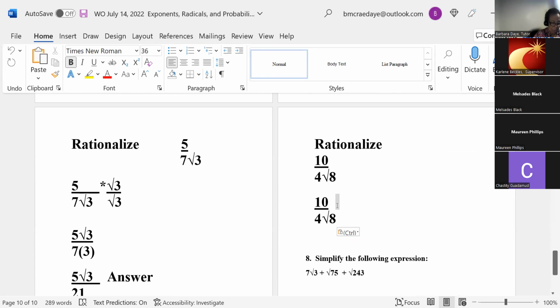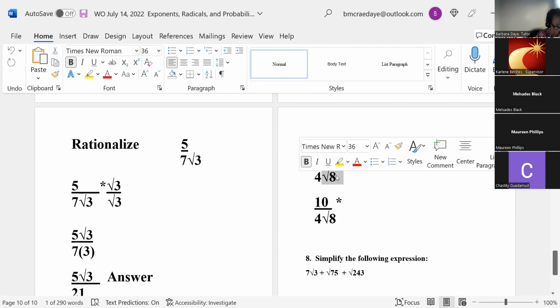So let me put that there: multiply the 10 by the radical 8, the numerator by radical 8.